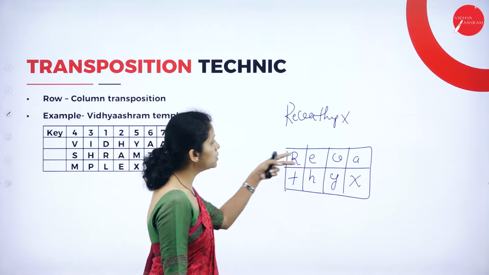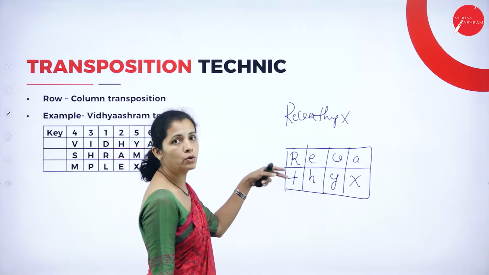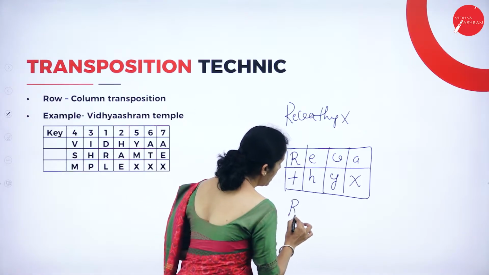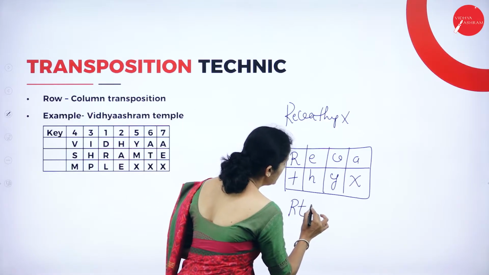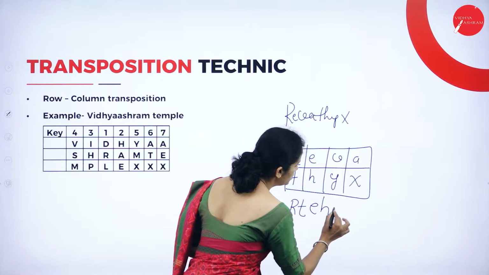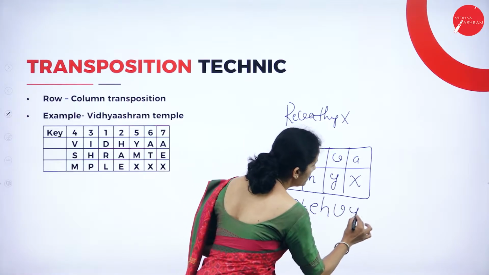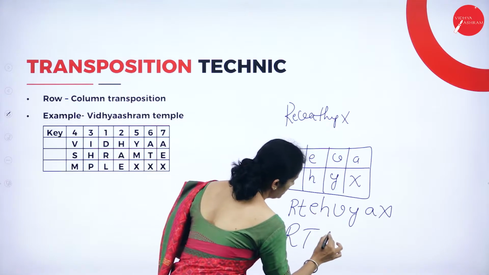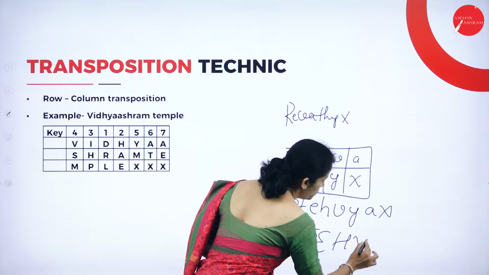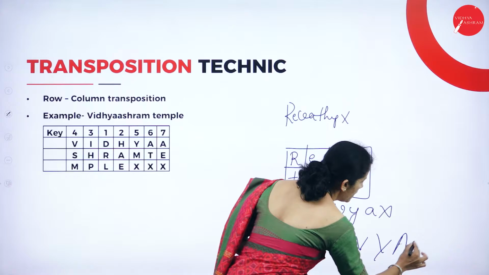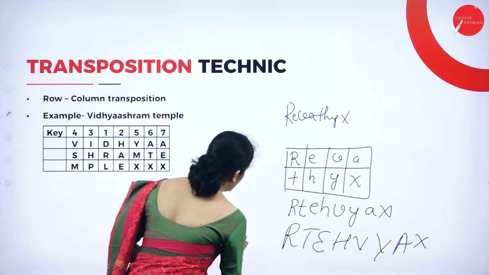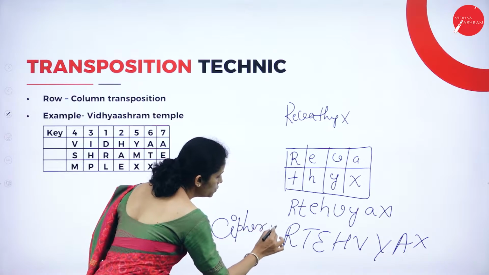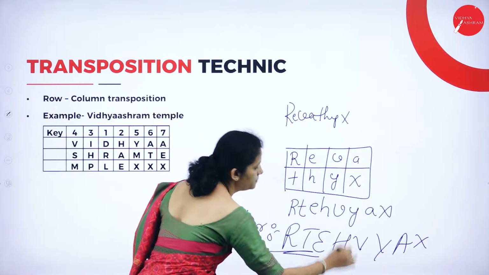How I have written row wise, but how I want to read, that is column wise. So, RVTEYAX. Because to represent ciphertext, I'm going to use the capital letter.